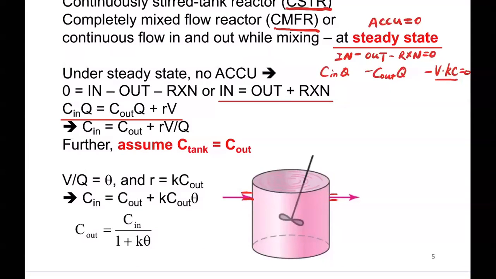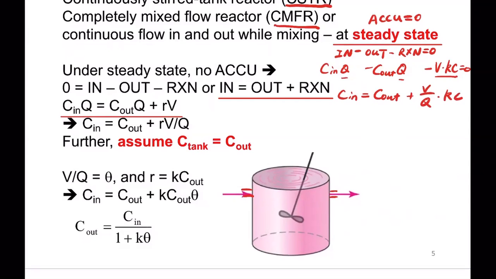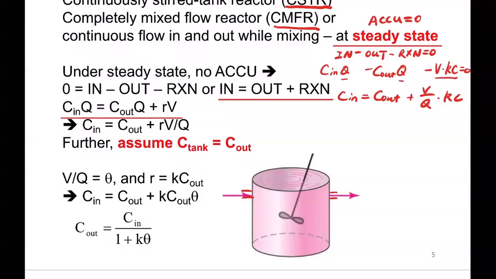Okay. So one thing we can do is divide everything by Q. What we're going to have is C in equal to C out plus V divided by Q multiplied by Kc. Okay. So if you look at these concentration terms here, we have the concentration of the pollutant into the tank.